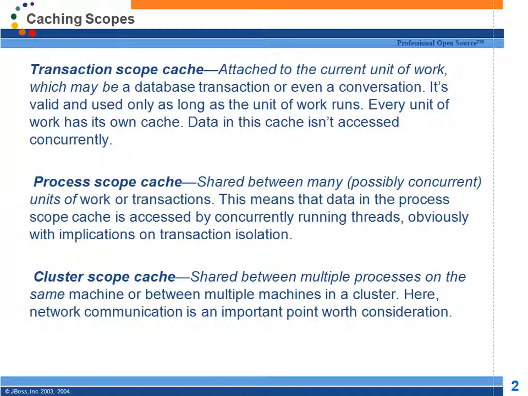So in our application, we can start n number of transactions. All those transactions will share the same cache. This is called process level cache. This means that data in the process scope cache is accessed concurrently by the running threads. Obviously, there are implications on transaction isolation level.